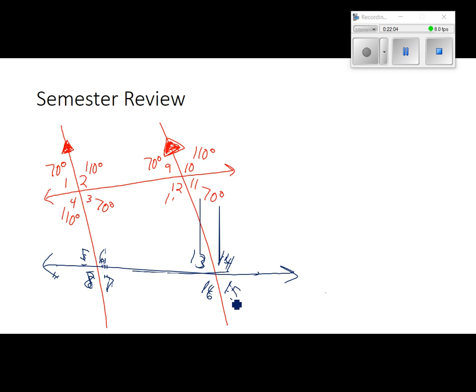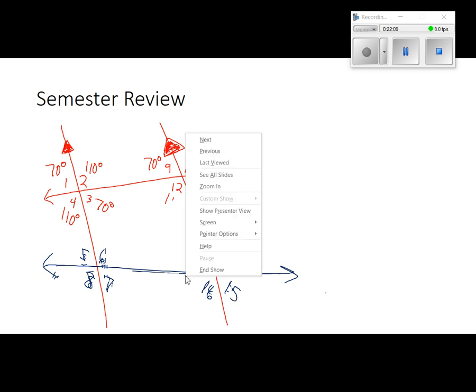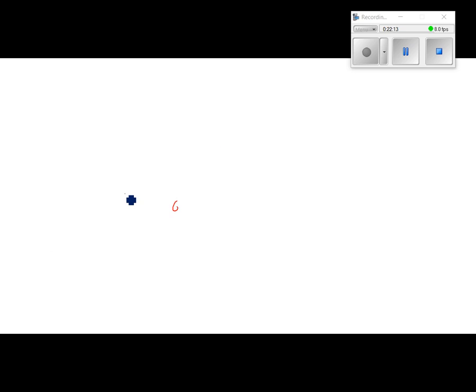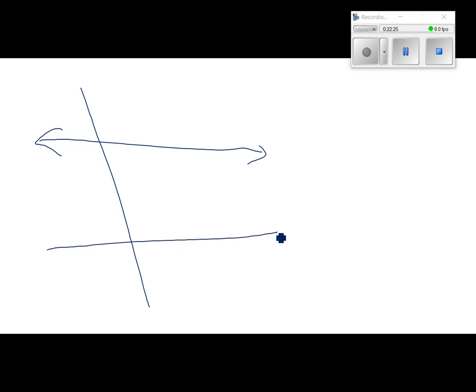Angle 14 is 105. So they told us angle 14 is 105? Yes. Let's see if I can do this. These are two parallel, right?